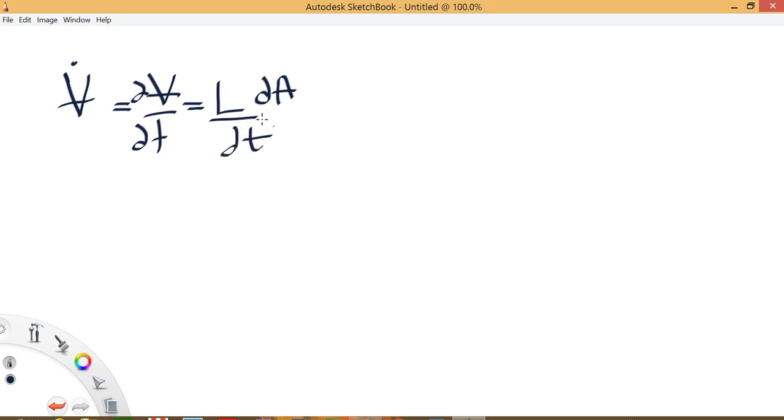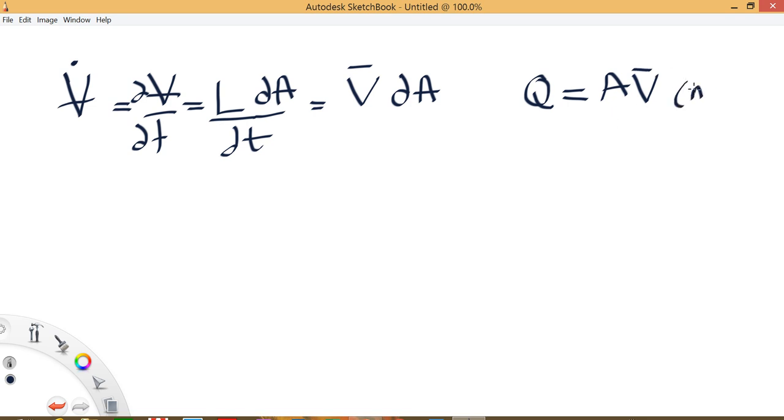You divide by time, so distance divided by time, basically you get velocity. This velocity is the average velocity. Other than V dot, we can also use this notation Q for volume flow rate. In the simpler form, this will become Q equals AV. It's in meter cube per second.